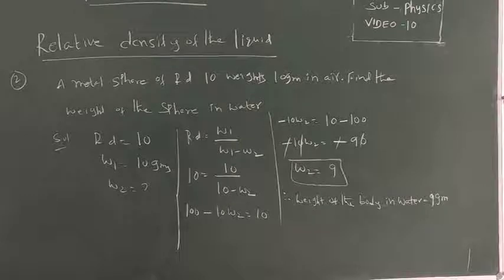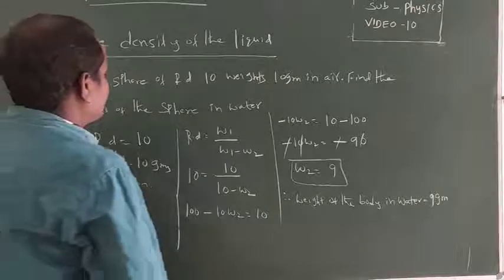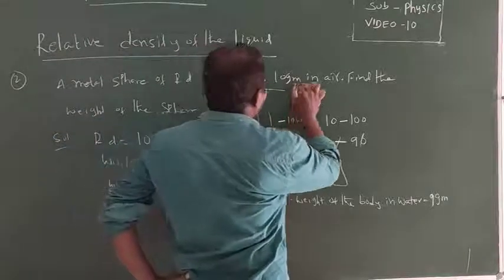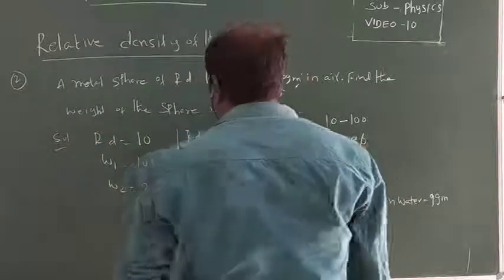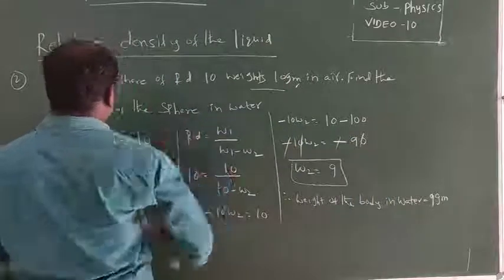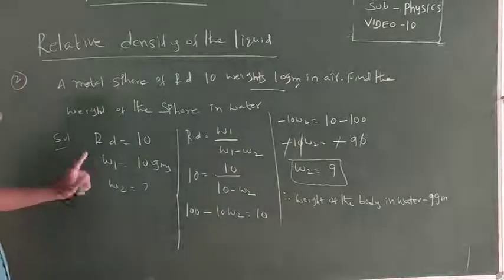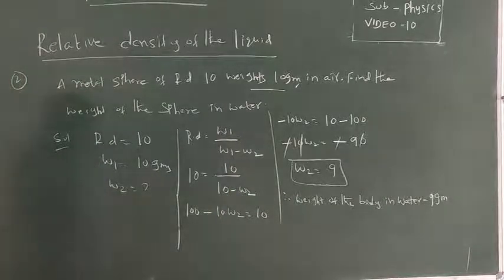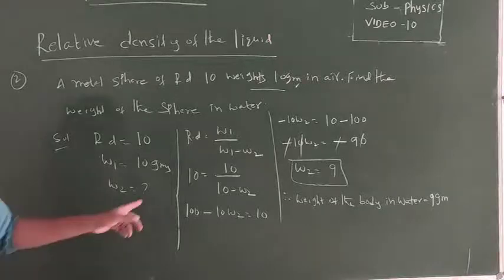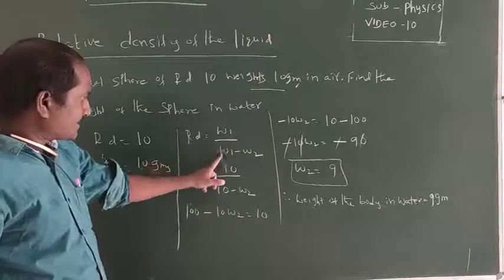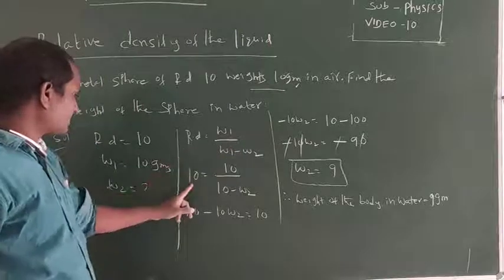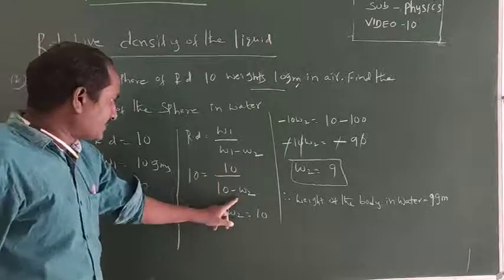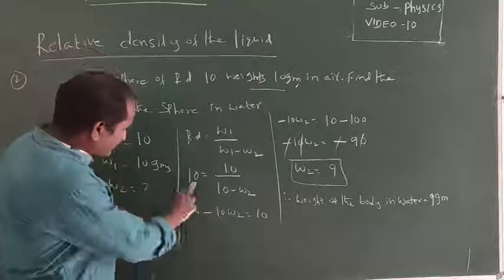Listen once again. A metal sphere of RD is given and the weight of the sphere in air equal to 10 grams. Find the weight of the sphere in water. So RD is given, W1 is given, our aim is to find W2. So RD equal to W1 by W1 minus W2. Substituting the given values, 10 equal to 10 by 10 minus W2. So I am doing cross product here.